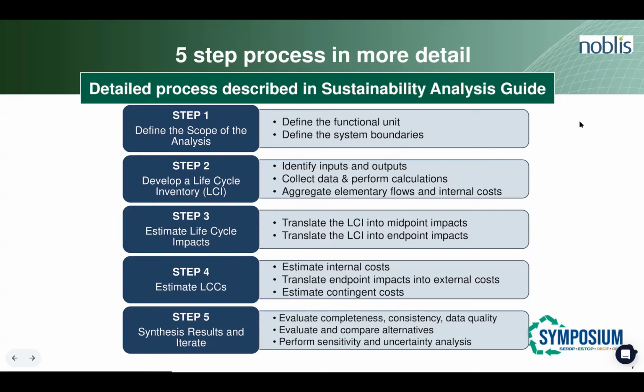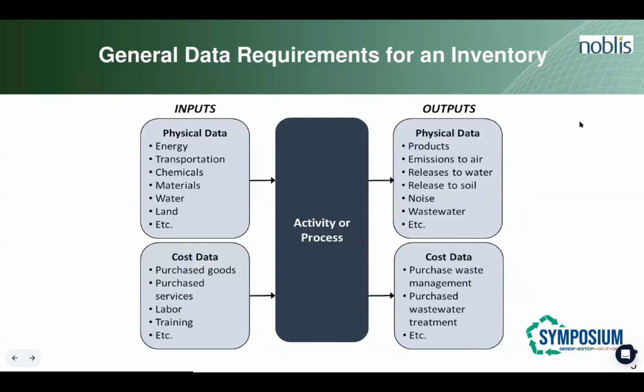And once again, the Sustainability Analysis Guide has more information about each one of these steps. There's a little bit more example, a notional example of data requirements for a system. We have physical data, and I think the earlier example had some of these there. We will need cost information as well.